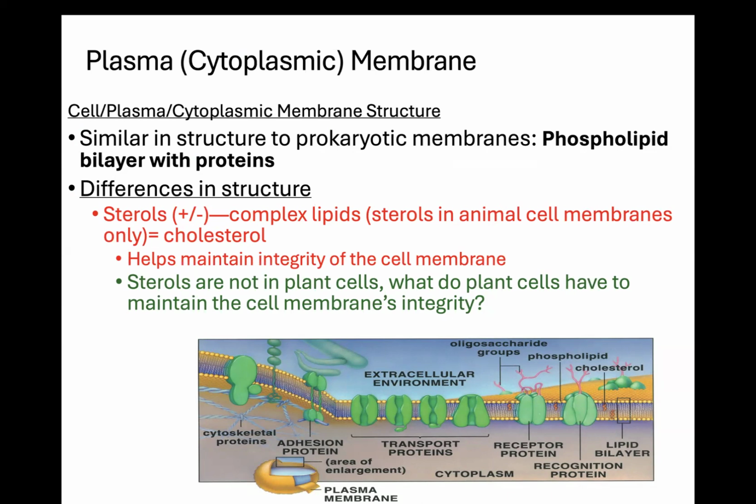Cholesterol is so important to maintain the integrity of the cell. Without it, our cell membrane would become too fluid, making it unable to regulate the movement of things in and out of cells. Plants do not have sterols or cholesterol. Instead, plants have something called the cell wall, which we will talk about later.